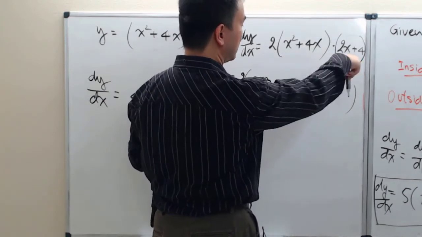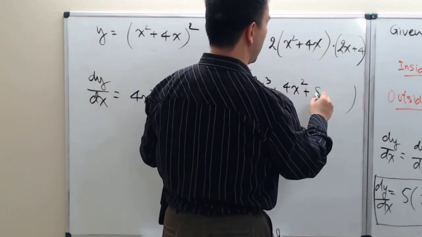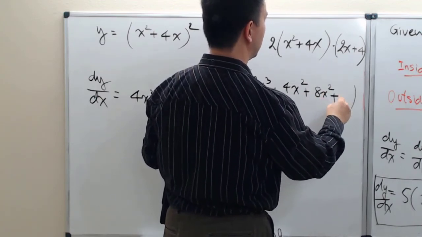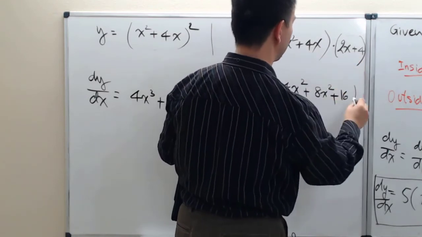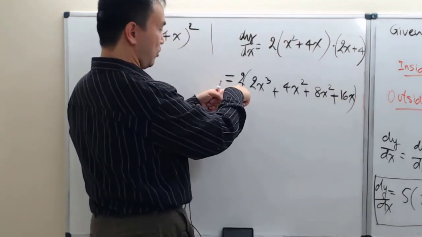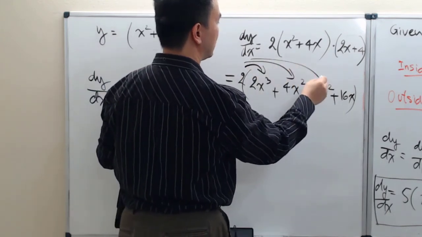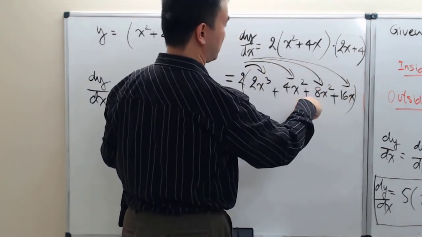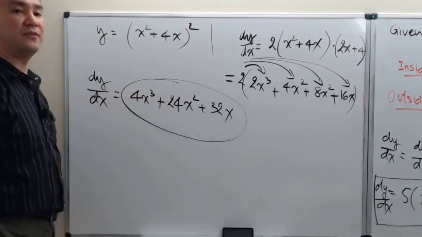And then here we're looking at 4x squared, and now plus 8x squared, okay? And plus, now 4x times 4 is a 16x right there. And now distributing that 2 to each term. Okay? And of course, combining these two like terms, don't we get this as the final answer?